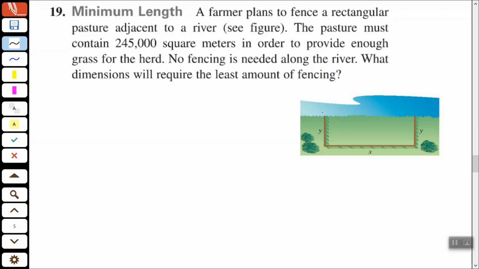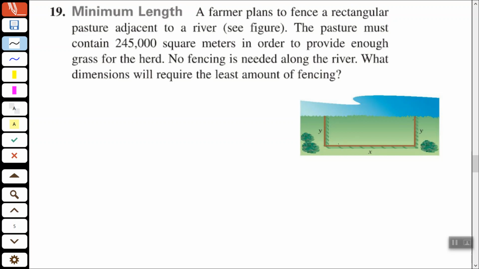So we'll call the outside the perimeter. It's not the true perimeter since we don't have to count the top part for the river, but it says what dimensions will require the least amount of fencing. So we want our perimeter to be a minimum. The y here on the left, the x on the bottom side, and the y here on the right. We want the least amount of fencing possible.